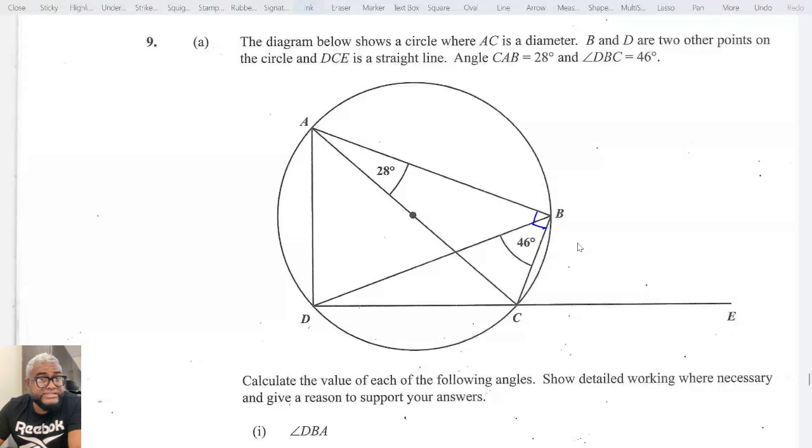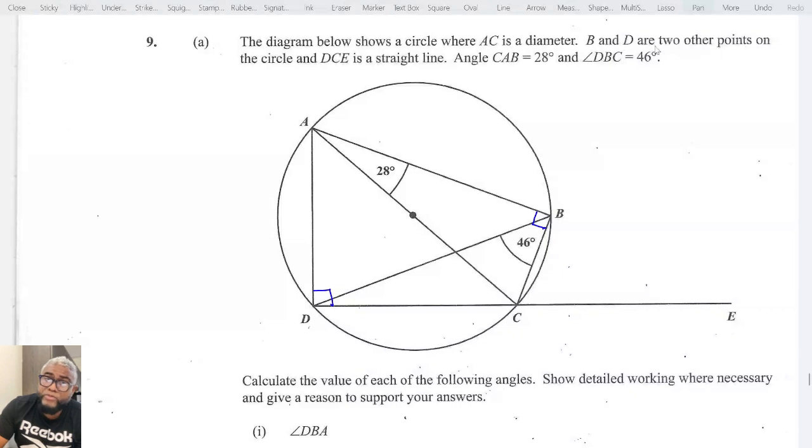Angle in a semicircle is 90 degrees, and on this side also 90 degrees, right? You'll see two triangles coming off the diameter there. Those two triangles are right-angled triangles. That's the thing I noticed as we read it. I also see the cyclic quadrilateral, two opposite segments.